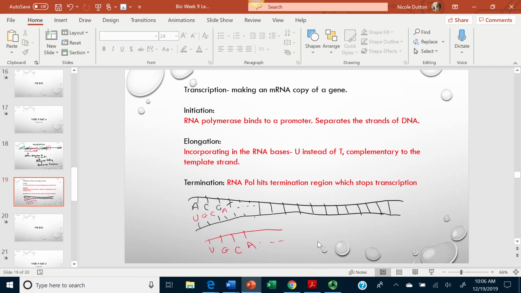There's also rho-independent termination, but basically it's just a little rock that sits in the termination region, so when the machinery hits that, it dissociates. Then you have your free messenger RNA, and that messenger RNA is going to go find a protein, a ribosome. And when the messenger RNA finds the ribosome, that's what starts the process of translation.